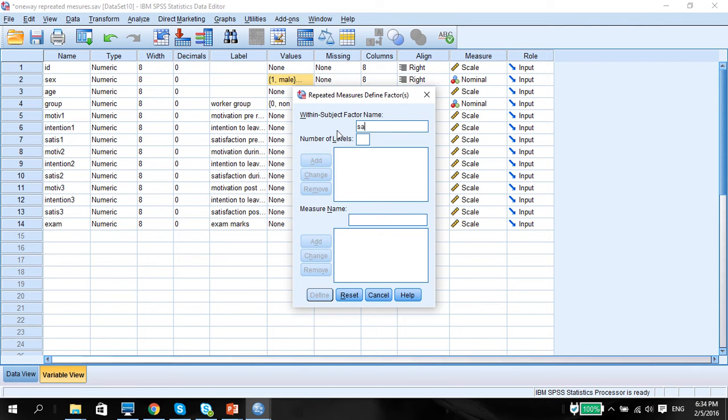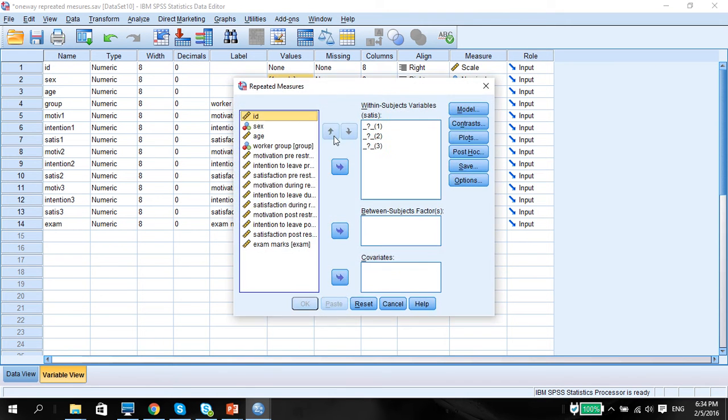So we're going to put in satisfaction as the 3 levels, add, satisfaction level pre, satisfaction level during, and satisfaction level post. And we're going to put sex as the between subject factor.